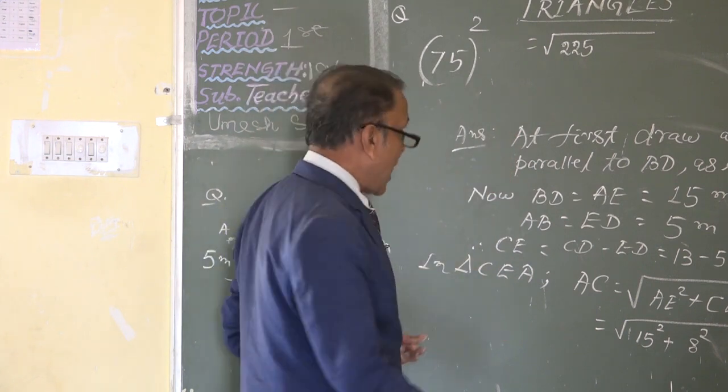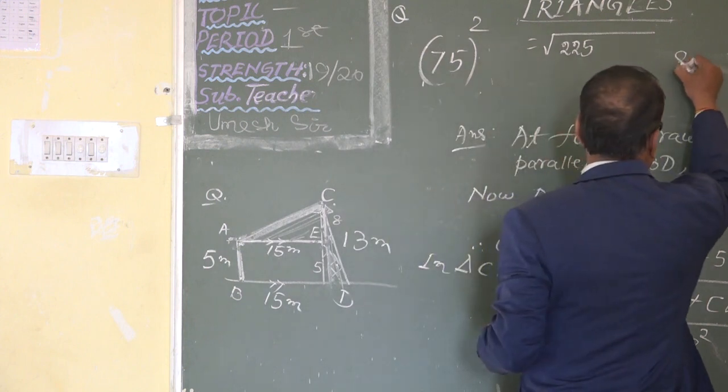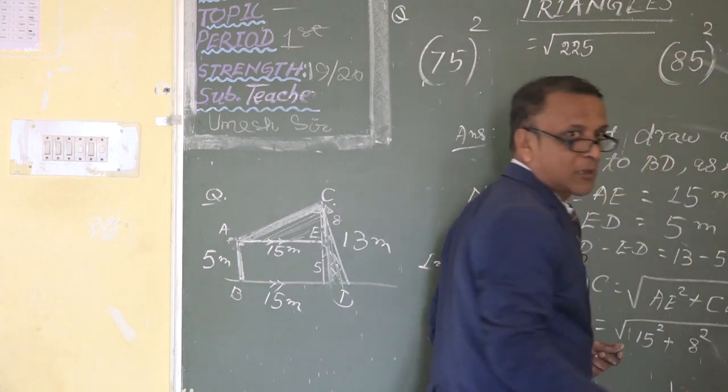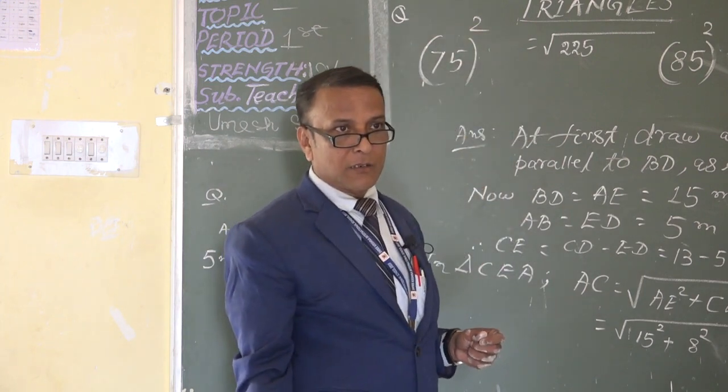Is it okay? Now you, Sitakhi, you say what is the square of 85? Come on, do quick, say. 5 into 5, 25.